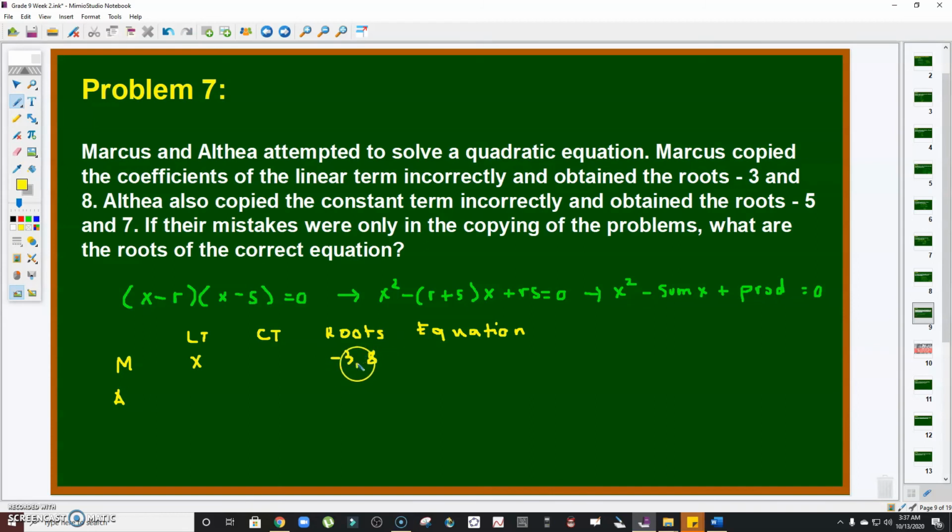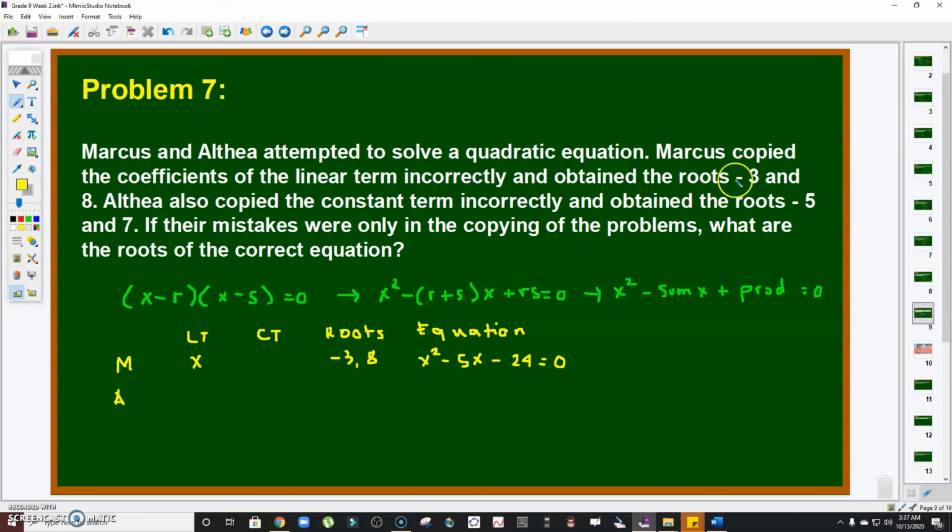So, meaning to say, if the roots are -3 and 8, the equation will be x squared minus sum x. -3 plus 8 is 5. So, that is -5x, plus product. -3 times 8 is -24. So, therefore, the equation ni Marcus, ito yung nakopya niya, is x squared minus 5x minus 24 equals 0. Did you get it? Okay, next.